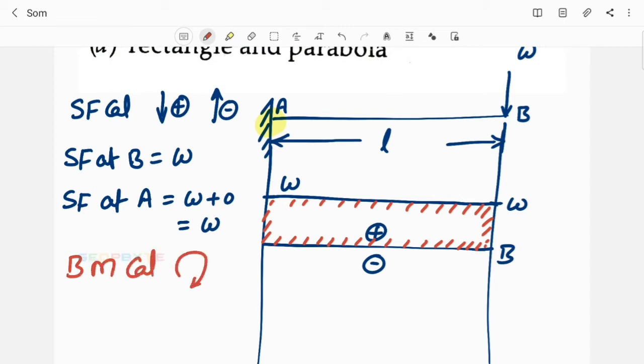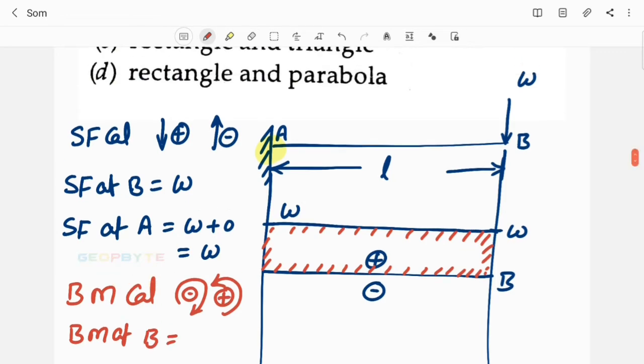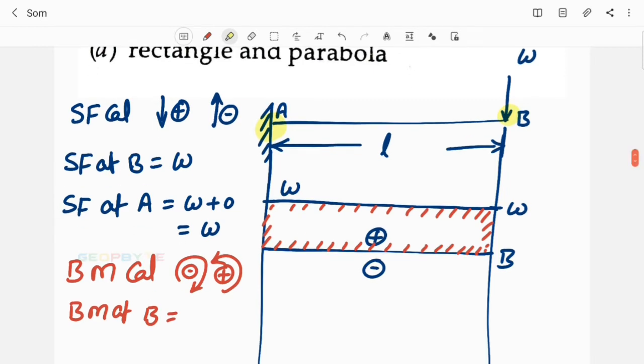For this, let us take clockwise moments as negative and anti-clockwise moments as positive. Now the BM at B. At B, there is a load but no distance. Bending moment means the product of force and perpendicular distance. So the bending moment at B equals the load W into no distance, which is 0.